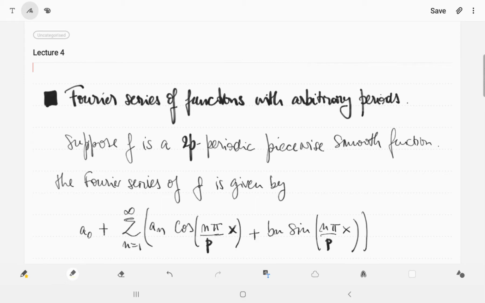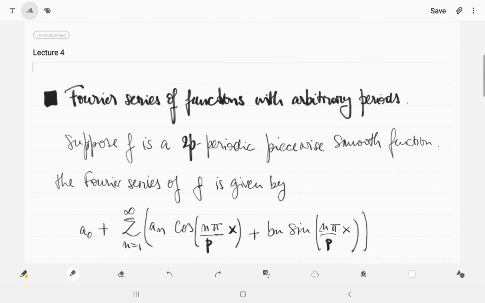If we have an f, a 2p periodic function, piecewise smooth, that remember we are not going to really prove each time we find a function. In this course we are going to work always with this type of functions, so you don't have to prove that the given function in an exercise is piecewise smooth.